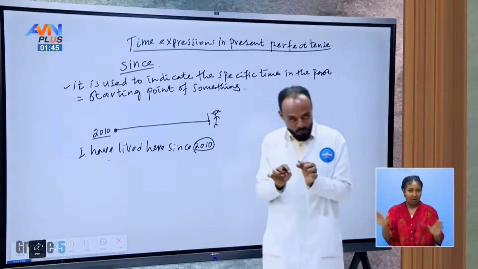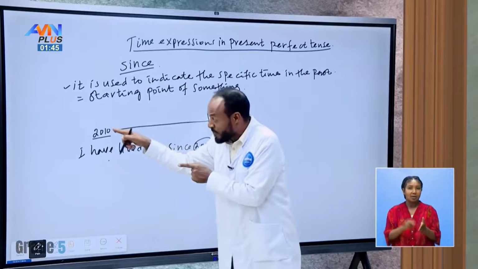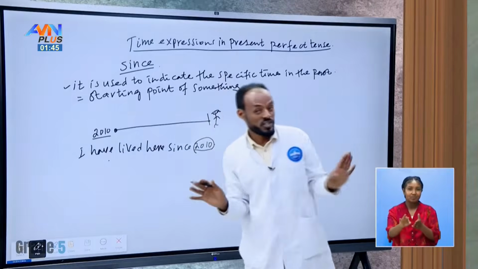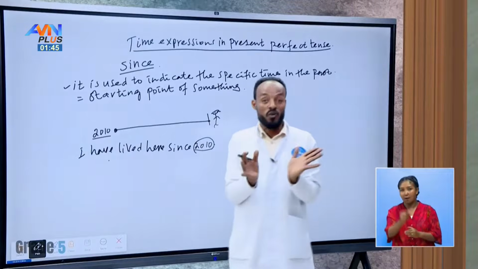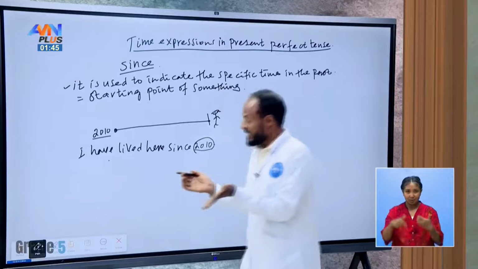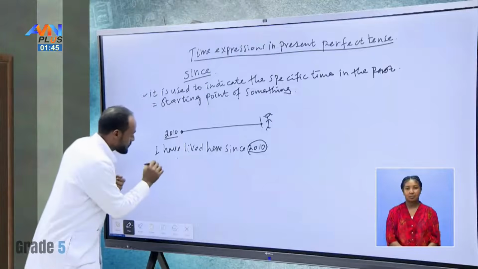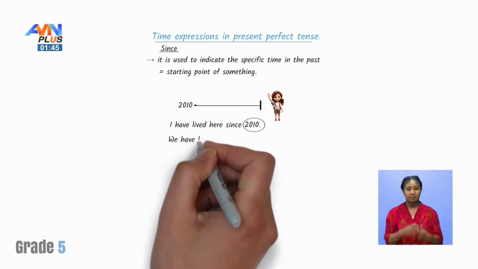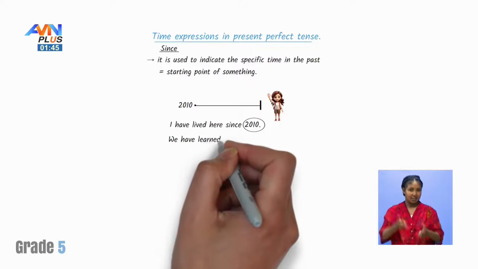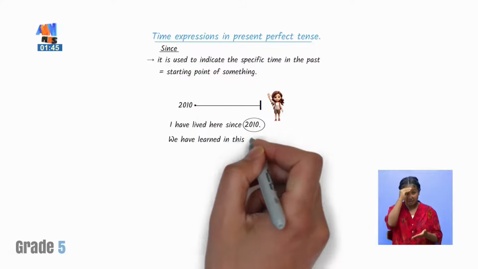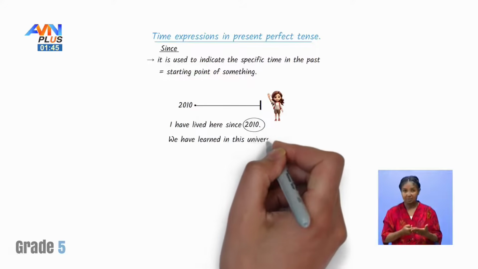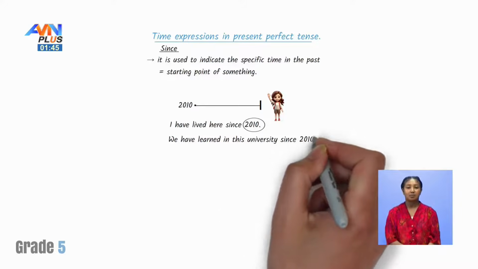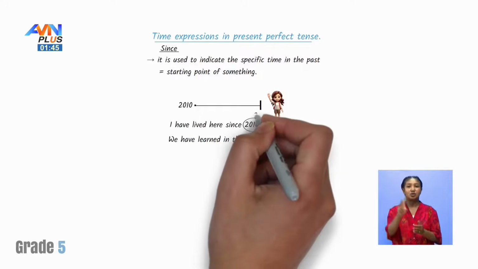When we count from the starting point to the present, it is not since but for. Also I can say, we have learned in this university since 2010.